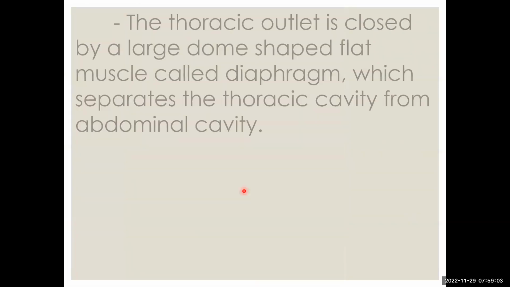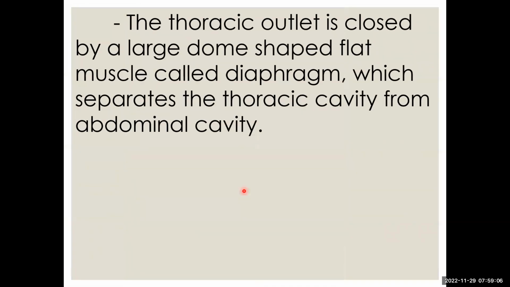Then the thoracic outlet is closed by a large dome-shaped flat muscle called the diaphragm, which separates the thoracic cavity from the abdominal cavity.